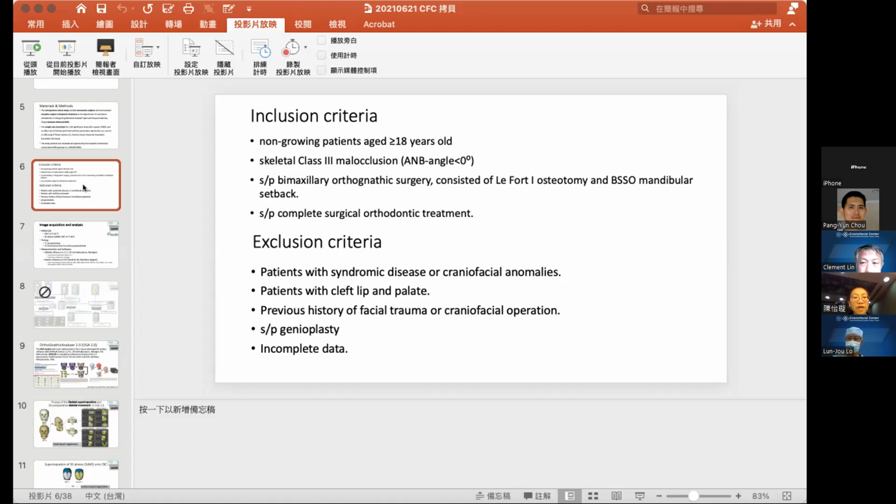And if the maxillary occlusal plane change was not above 2.5 degrees or was less than 2.5 degrees, we also excluded them. So we actually made an effort to include homogeneous skeletal movement in these class 3 patients, and we hope to present a more pure clockwise and counterclockwise rotational effect.